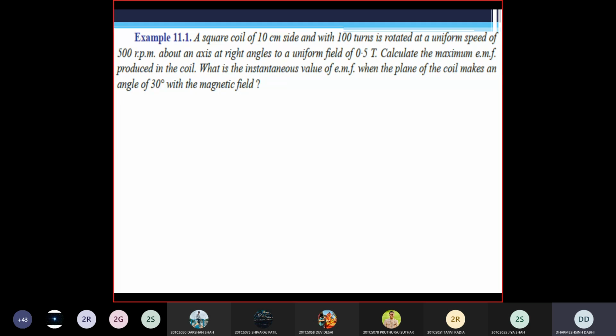Here the magnetic flux density is given as 0.5 Tesla. First, calculate the maximum EMF produced in the coil. Second, what is the instantaneous value of EMF when the plane of the coil makes an angle theta with the magnetic field?